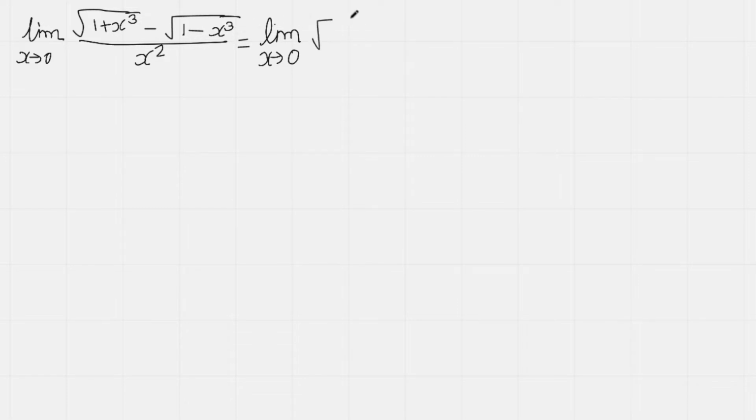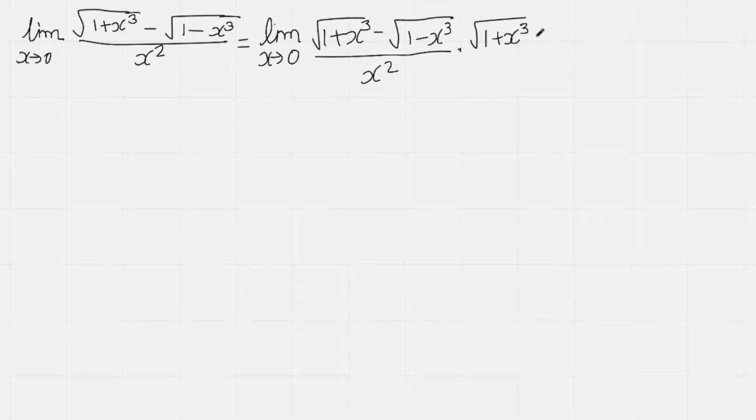So let us keep the square root of 1 plus x cube minus square root of 1 minus x cube, whole divided by x square, as it is, and multiply numerator and denominator by its conjugate. So square root of 1 plus x cube plus square root of 1 minus x cube, whole divided by square root of 1 plus x cube plus square root of 1 minus x cube.